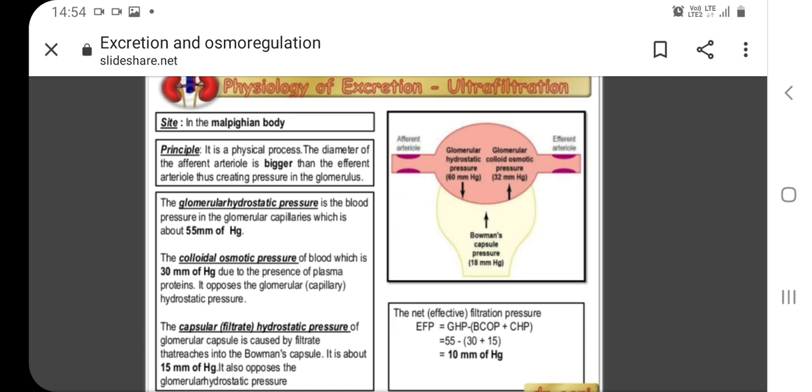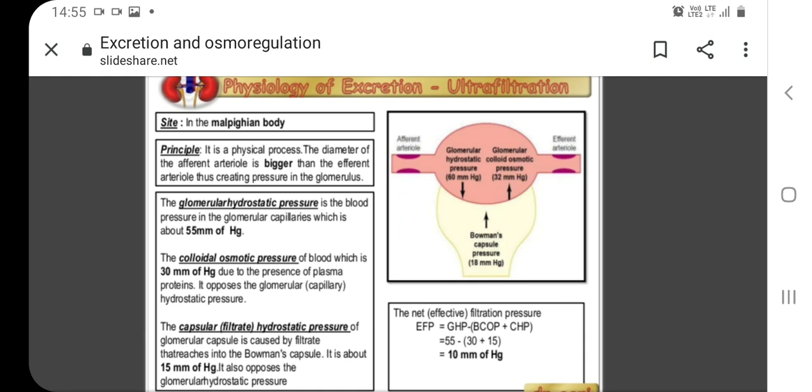In the Malpighian body, it is a physical process. The diameter of the afferent arteriole is bigger than the efferent arteriole, thus creating pressure in the glomerulus.